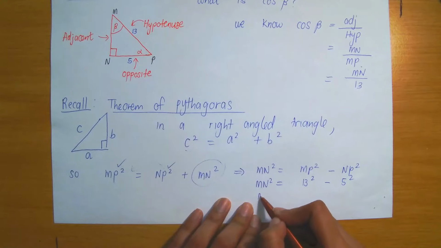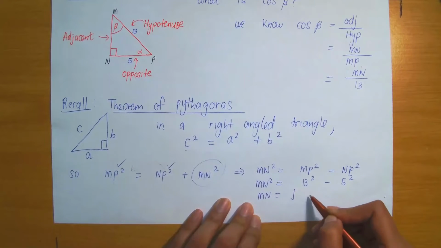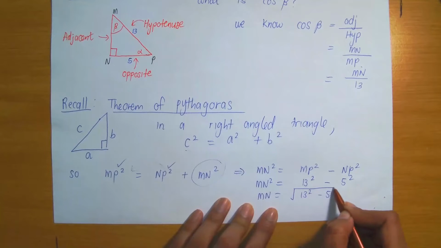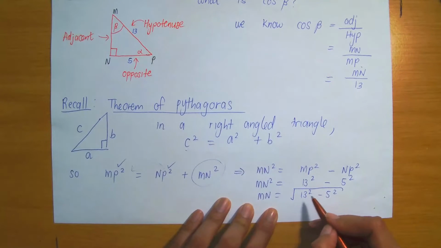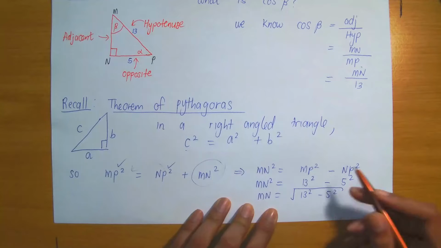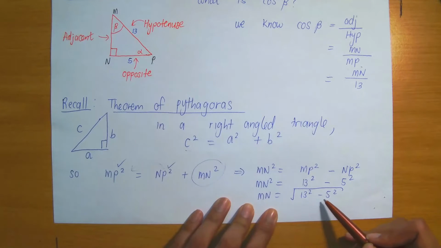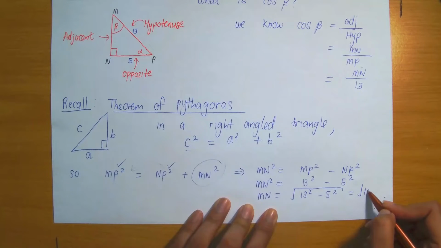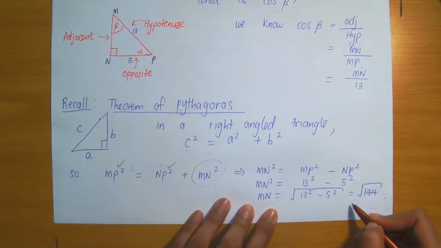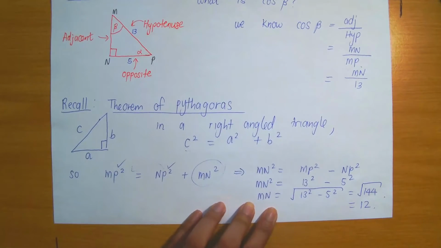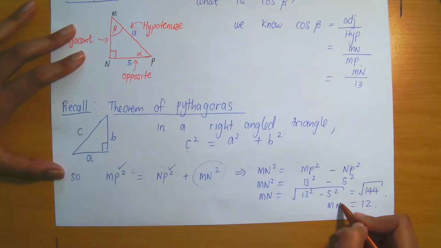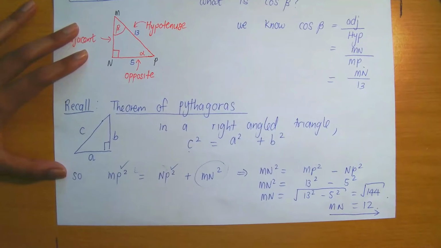That means that MN is equal to the root of 13 squared minus 5 squared. 13 squared is 169. 5 squared is 25. So we've got 169 minus 25, and we're taking the root of it. So it's the root of 144, and this is equal to 12. So therefore, we now have that MN is equal to 12.